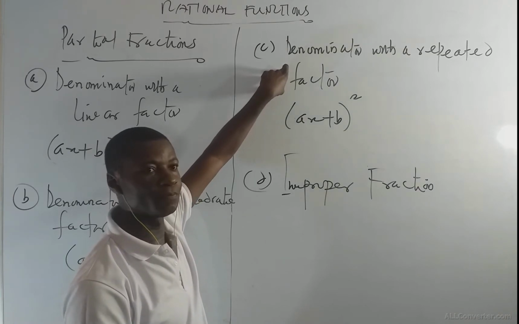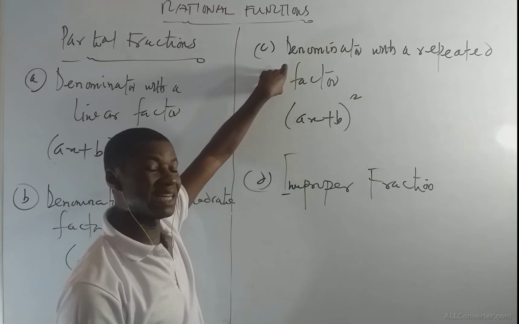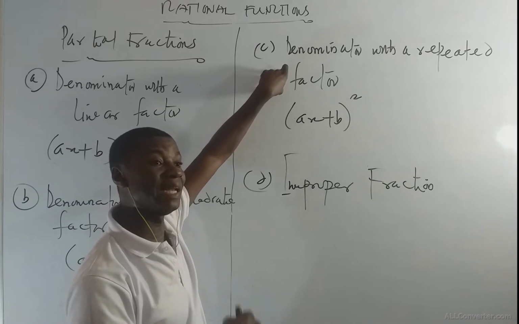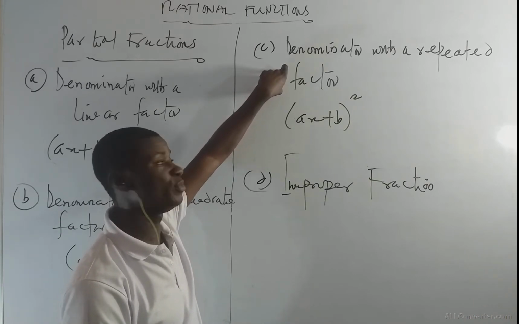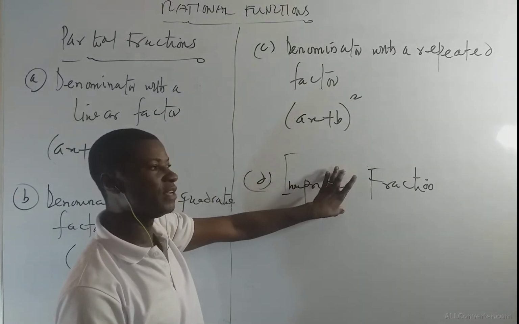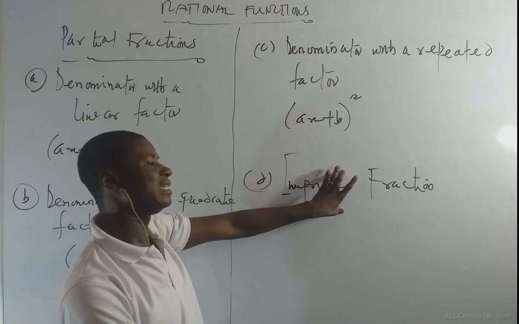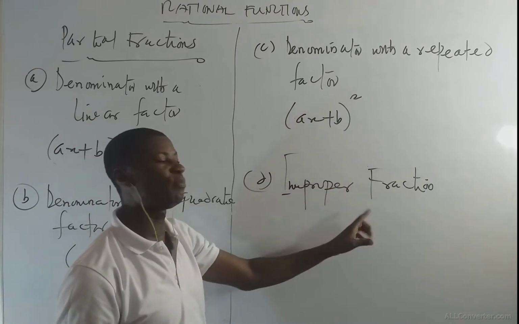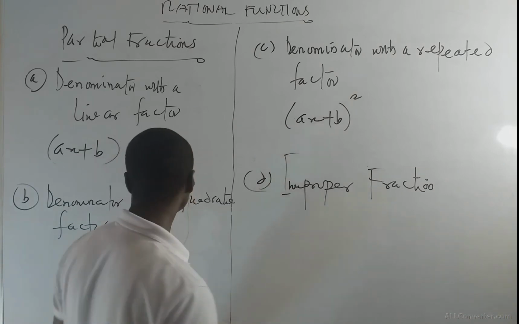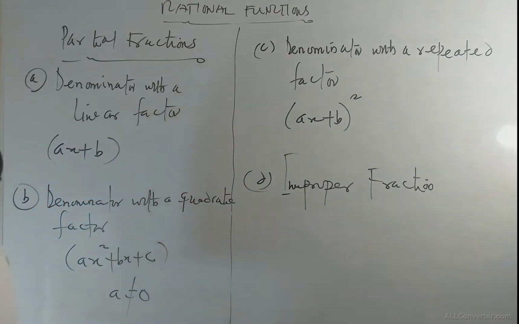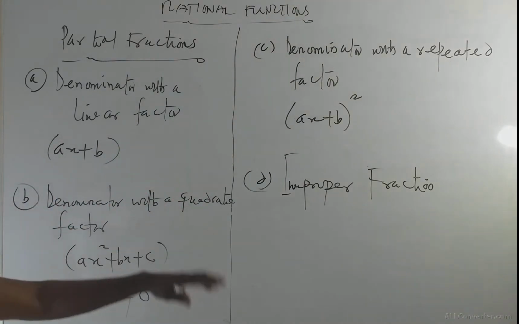When I say proper rational functions, I'm saying that the degree of the numerator must be less than the degree of the denominator. Then when the degree of the numerator is equal to or greater than the degree of the denominator, we have the improper fractions. And I'll teach you that. So take note of that. These are the four types we are going to look at.